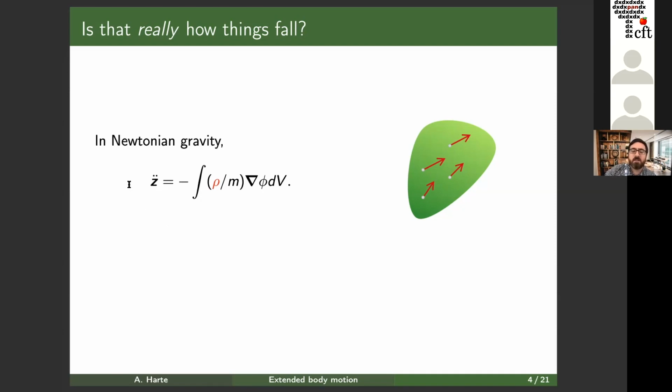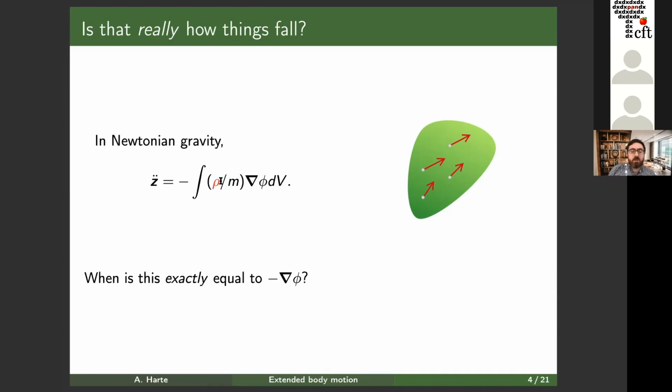So you say that the acceleration of the body as a whole is given by, well, you sum up these gradients of the potential in a way that is weighted by the mass density of your object. So if most of the mass was weighted up here, then this one is going to matter much more than this one. Okay, so if you look at this, it seems like there is a dependence on internal structure. You have this mass distribution here, and different objects will have different mass distributions, so perhaps they do accelerate differently.